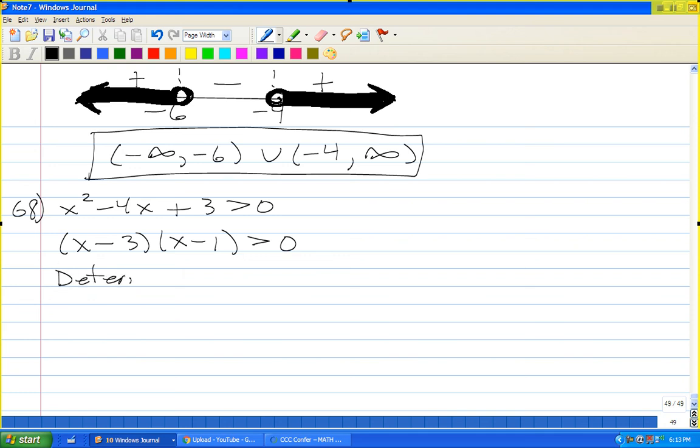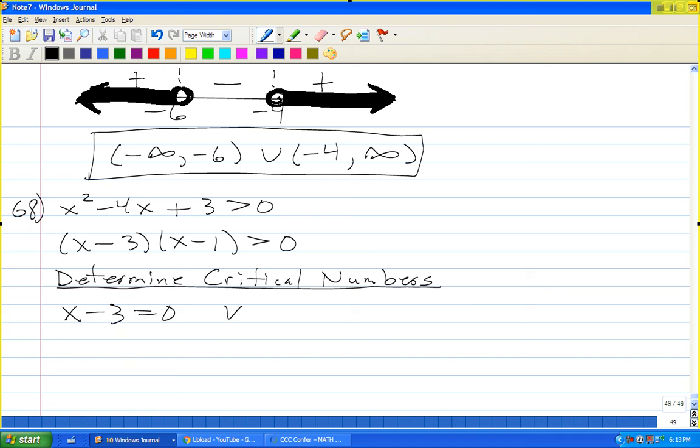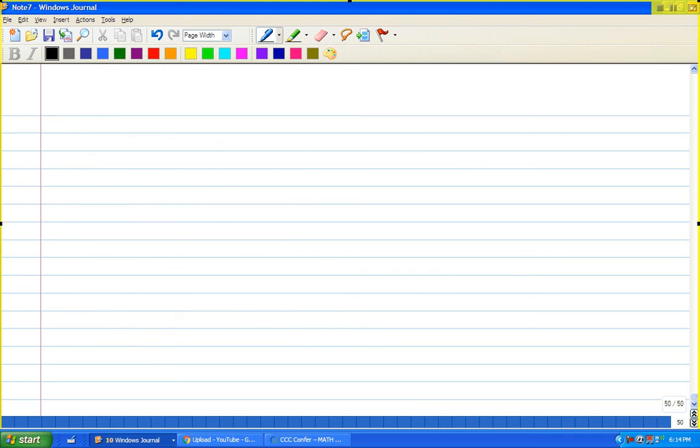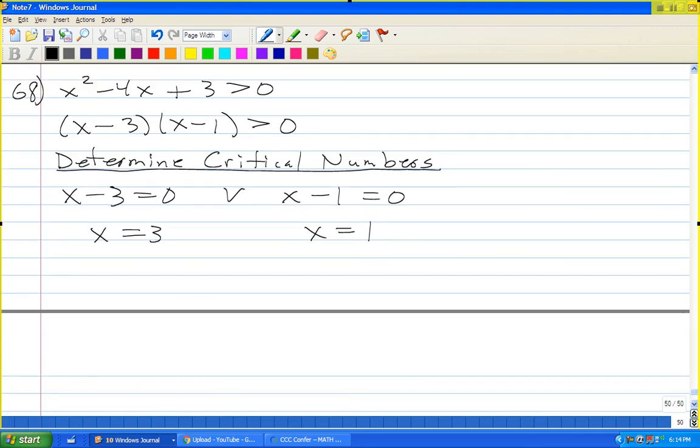So let me determine my critical numbers. So let's set each factor to 0 and solve for x. Add 3, add 1. Place these critical numbers on my number line.